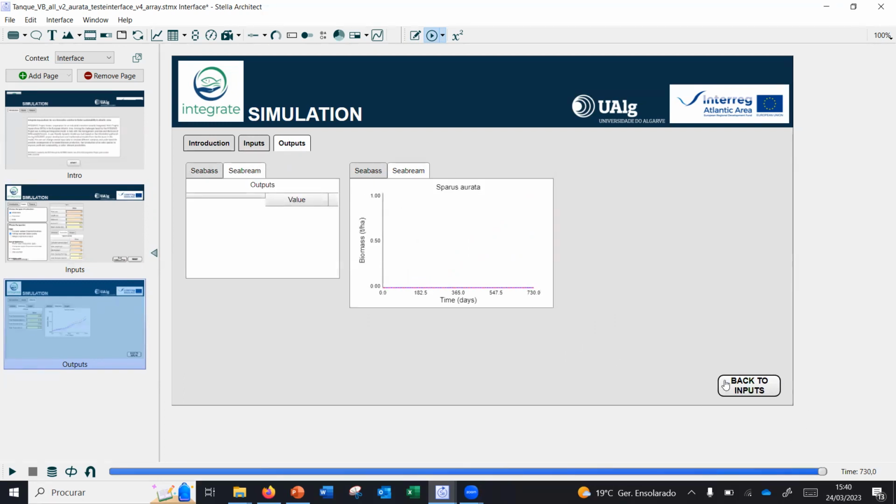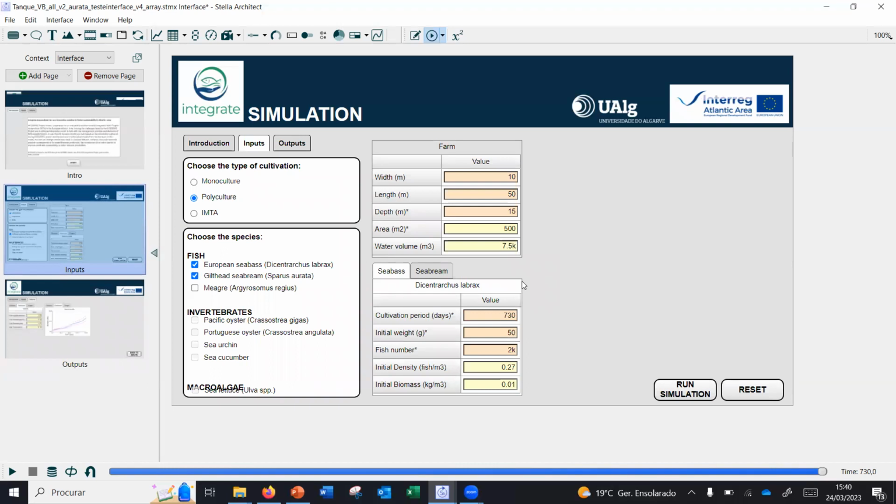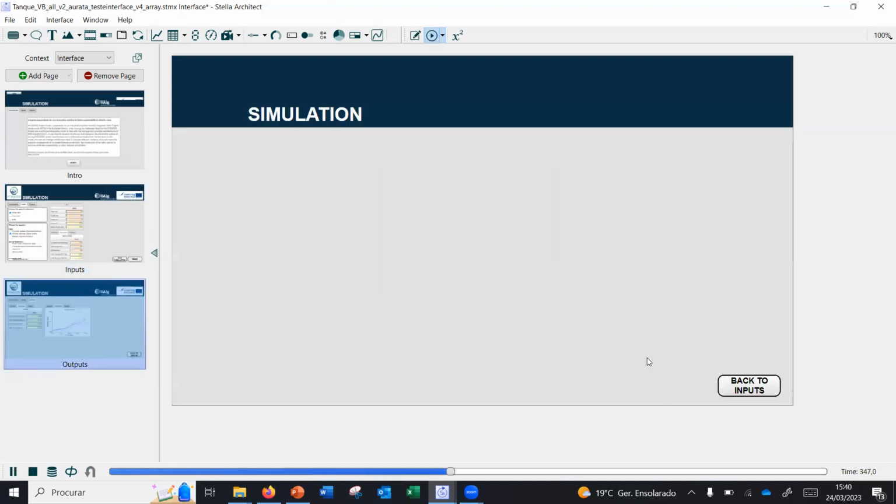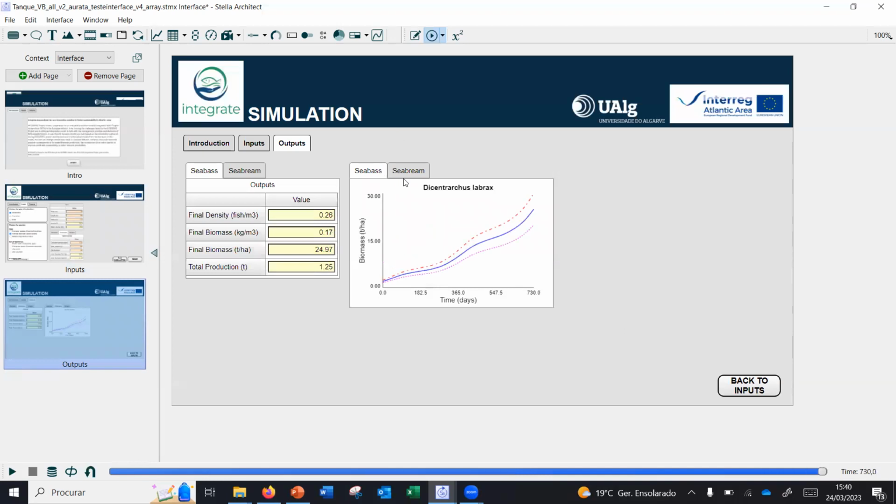Let's see what happened. You didn't put the information about the sea bream, so it does not have all the information here. I will put the same. So now the output is here of the 2 fishes, the 2 species of fish.